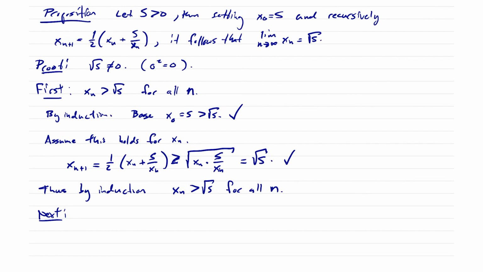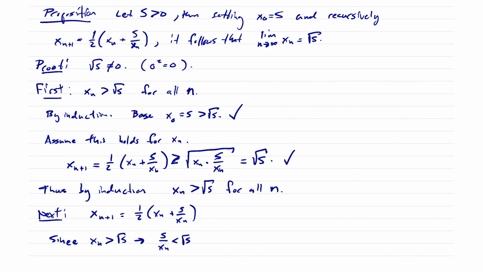If we take a look at xn plus 1, again written as 1/2 of xn plus s over xn, since xn is bigger than the square root of s, this tells us that s over xn is less than the square root of s.